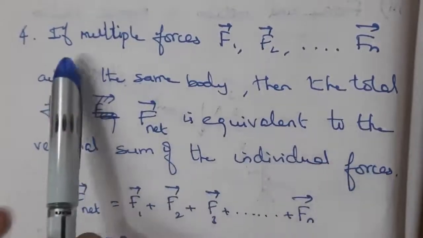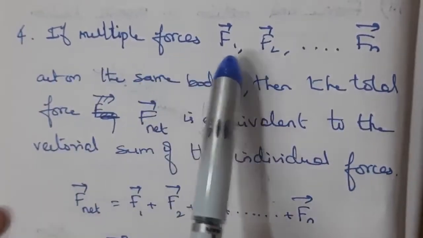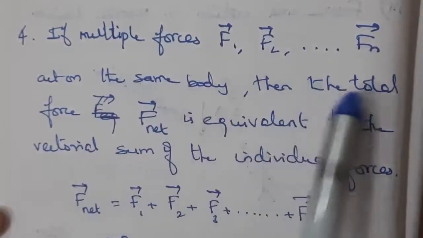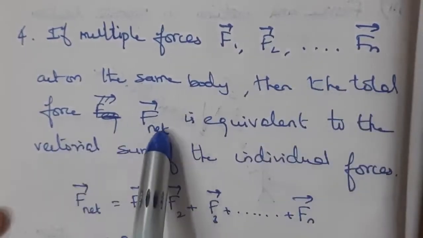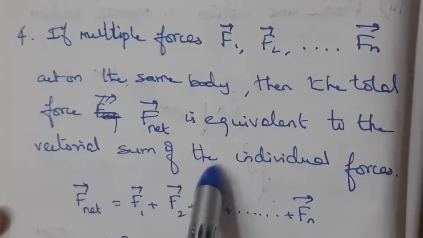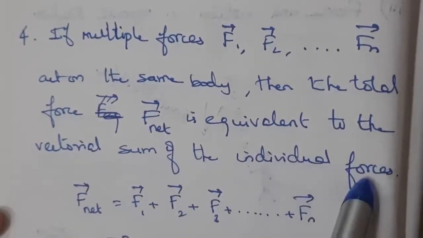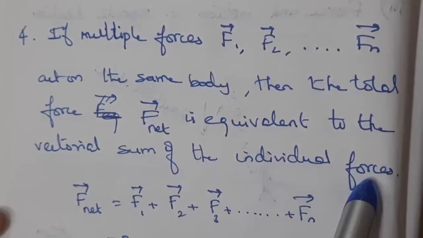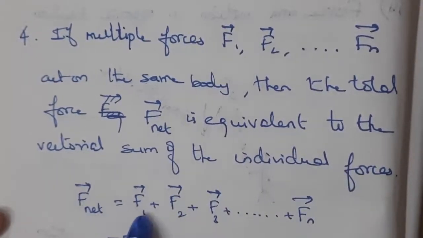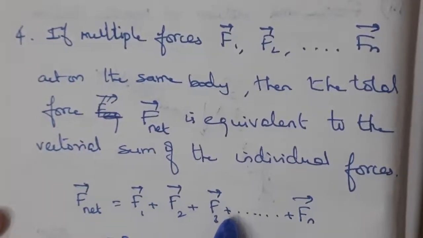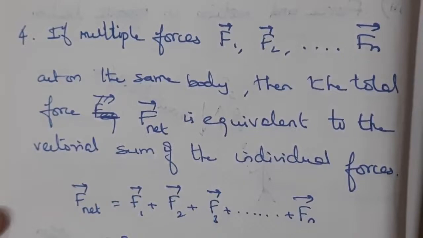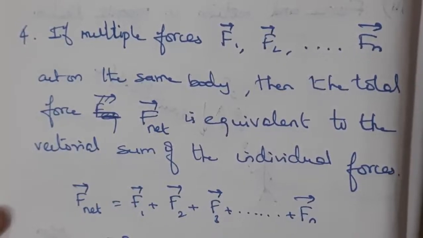That is, F net is equal to F1 vector plus F2 vector plus F3 vector plus etc. Fn vector. That is F net.